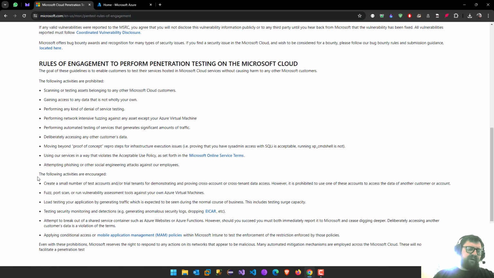So the following activities are encouraged: create a small number of test accounts and/or trial tenants for demonstrating and providing cross-account or cross-tenant data access. However, it's prohibited to use one of these accounts to access the data of another customer or account. Port scan or run vulnerability assessment tools against your own Azure virtual machines.